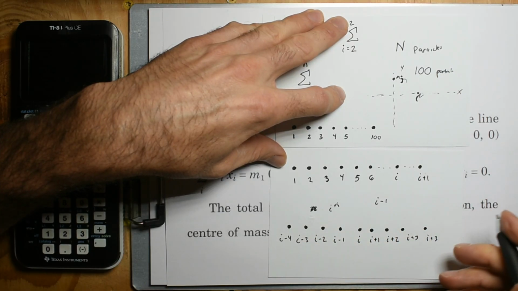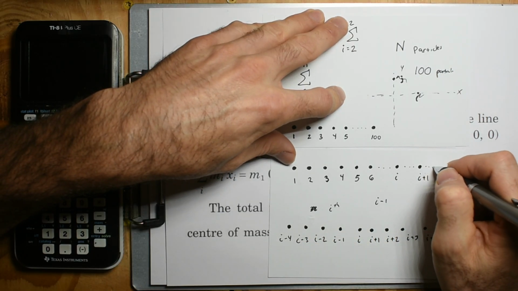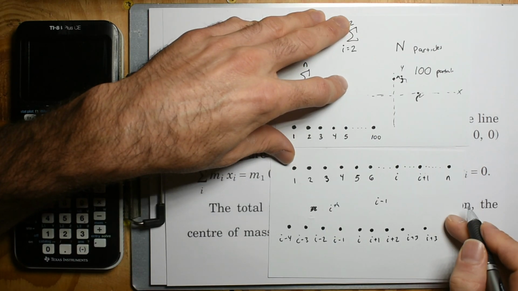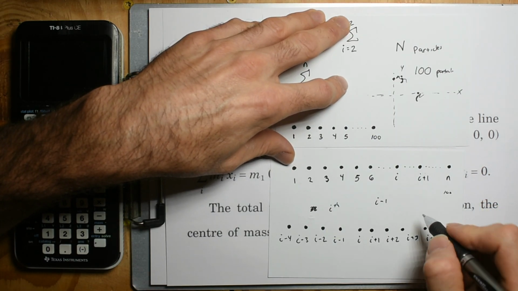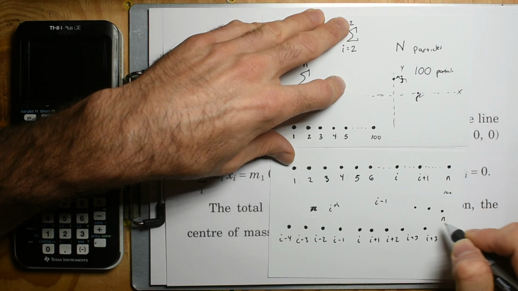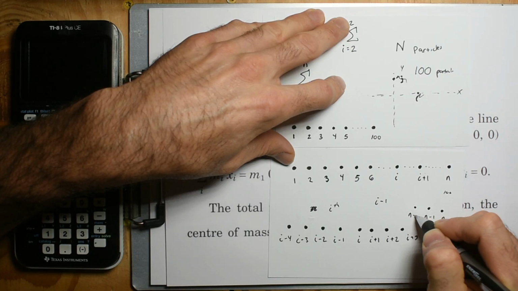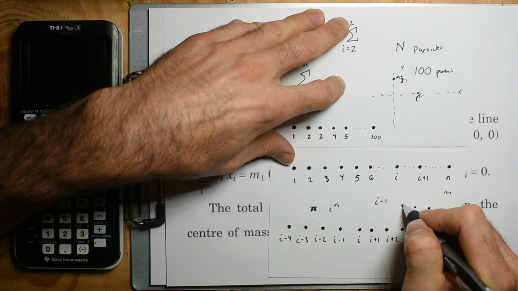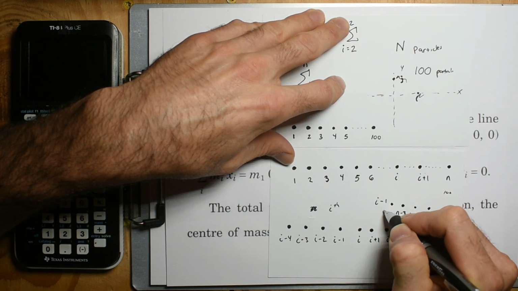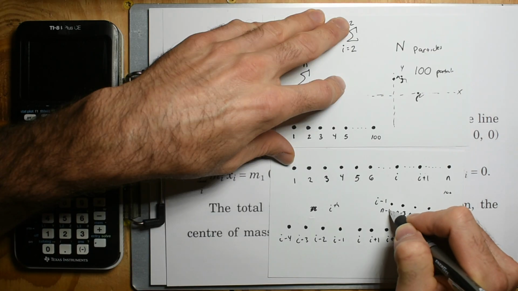And then you're just like, okay, I get it. Now we're going to go to the nth particle, and that's going to be 100. If that's the nth particle, this would be n minus 1, n minus 2, n minus 3. Do it a bunch of times until you get it.